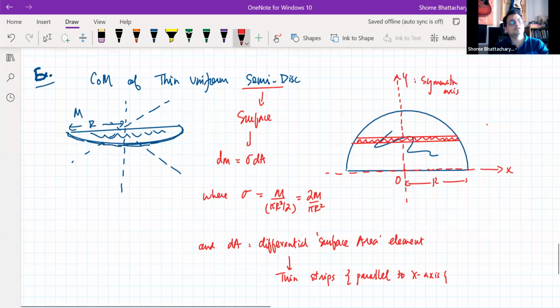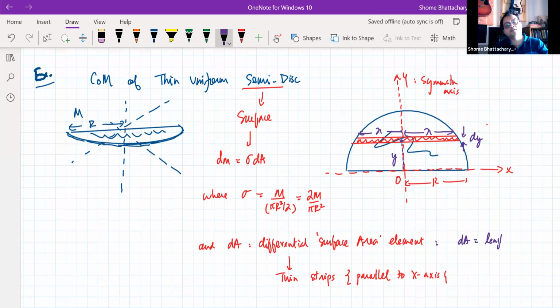So each of these thin strips that we have sliced has a thickness which will become dy. Okay, its center of mass is at the y coordinate y over here, but we can take this length as x. So the total length becomes 2x. Okay, so the area of this strip will become length into thickness. So the length can be written as 2x and the thickness is dy. And further, when we apply Pythagoras theorem here, this radius is r.